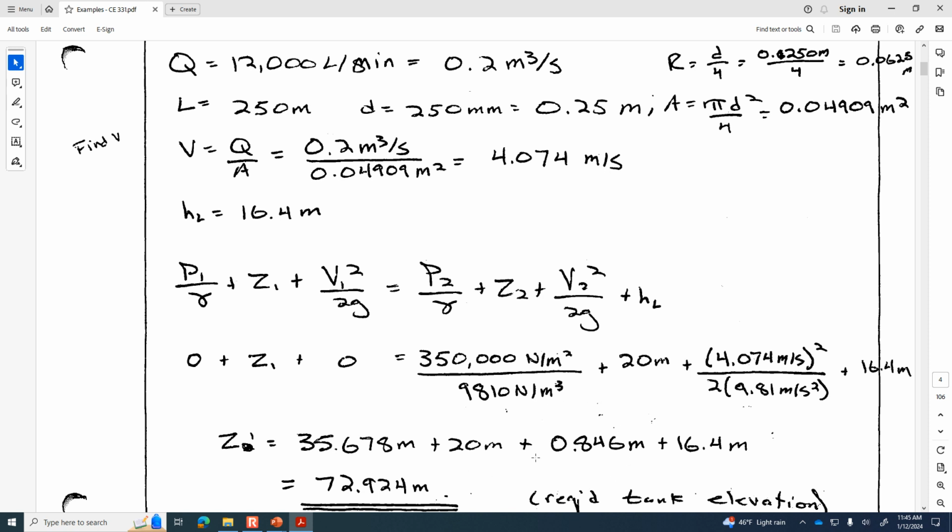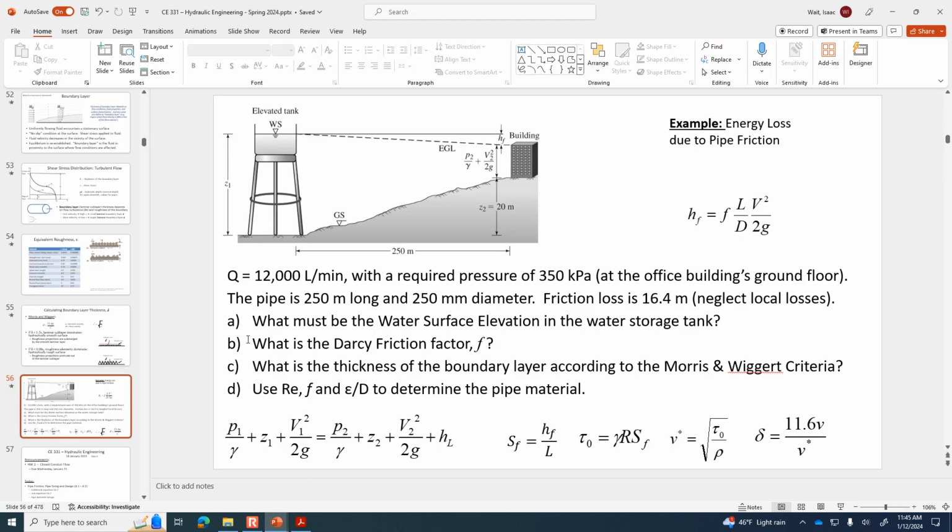You've got the velocity head of 0.846 meters, and then the energy to overcome pipe friction is 16.4 meters. All right, so that answers part A.